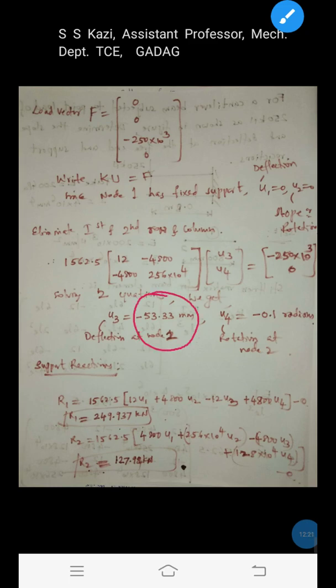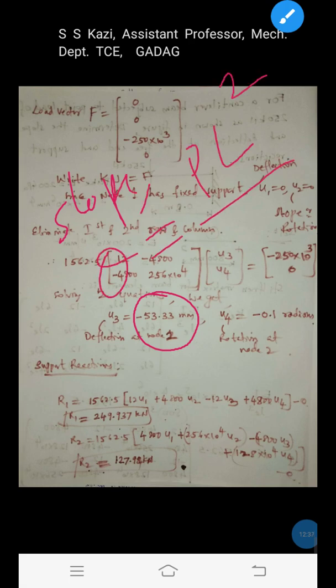You can check it. Okay, and slope or rotation for a cantilever subjected to point load at its free end, the slope theta is given by PL square divided by 2 EI, where P is the point load, that is 250 into 10 raised to 3 Newton, L is the length of the beam, that is 800 mm.